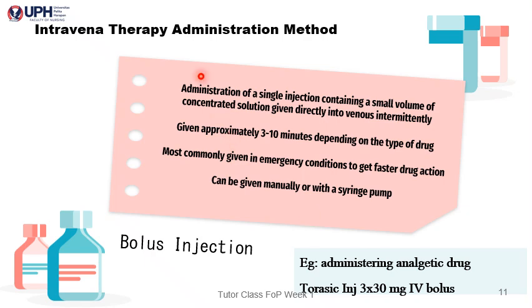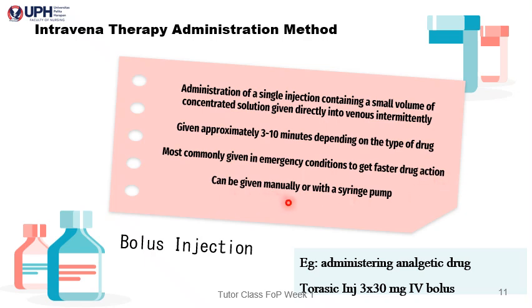Now, you can do the bolus injection. For example, administer a single injection in a small volume of concentrated solution given directly intravenously. Sometimes it's like 3 to 10 minutes depending on the type of drug, and it is most commonly given in emergency conditions, faster according to the drug action.